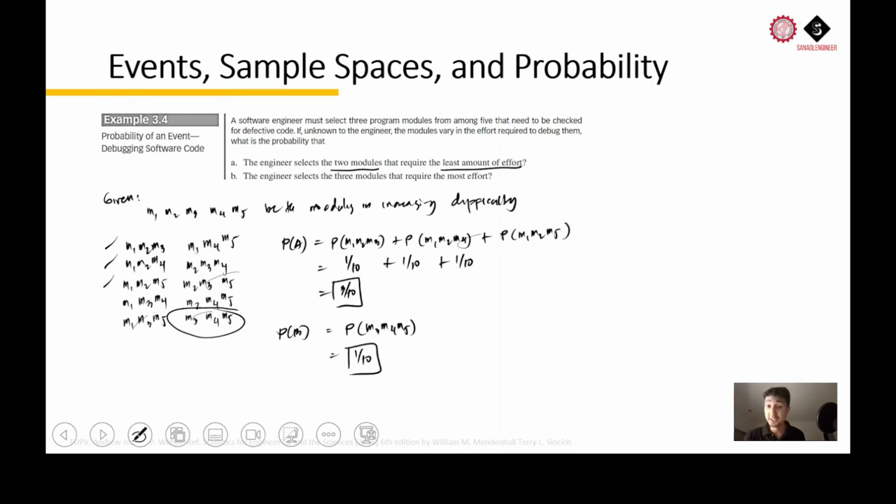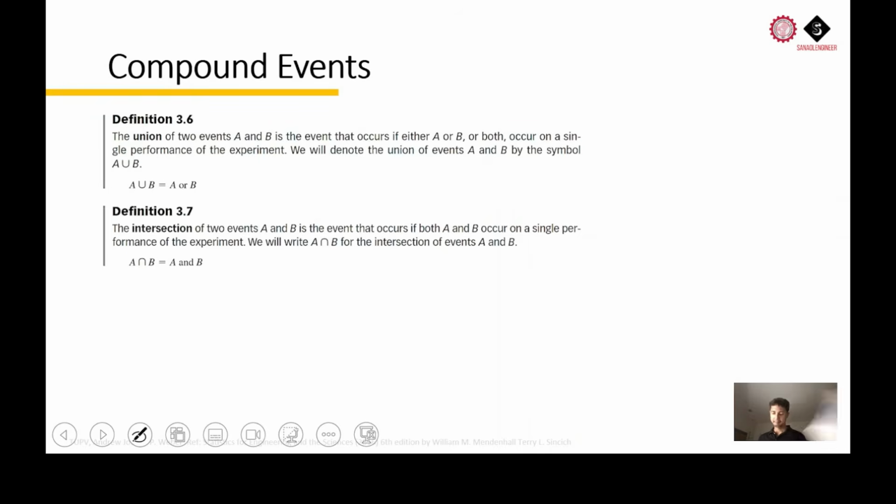All right, so let's continue. We go now to compound events. What do we mean by compound events? First, let's define or describe the union and the intersection of two events.